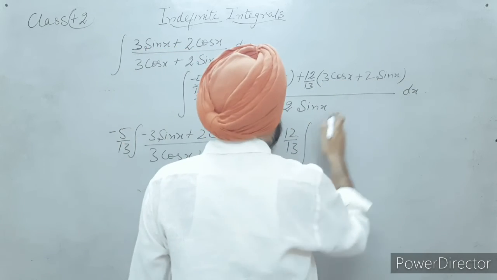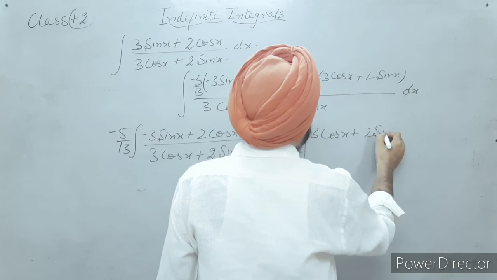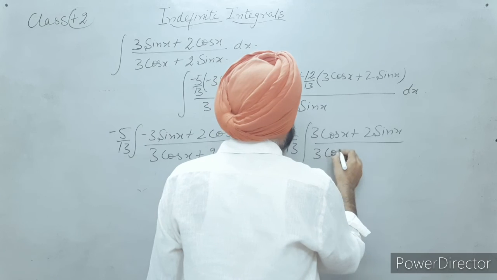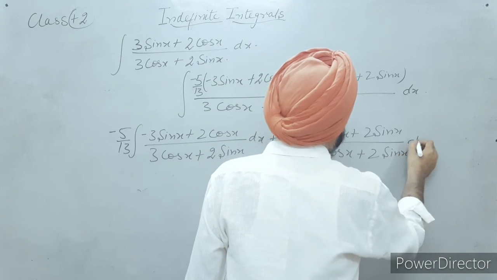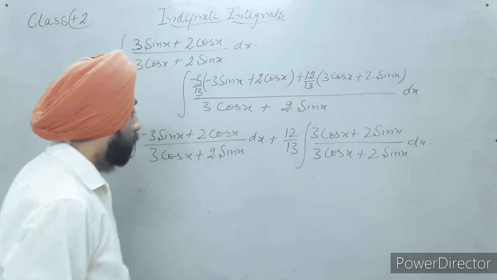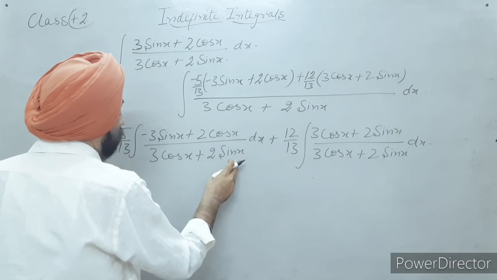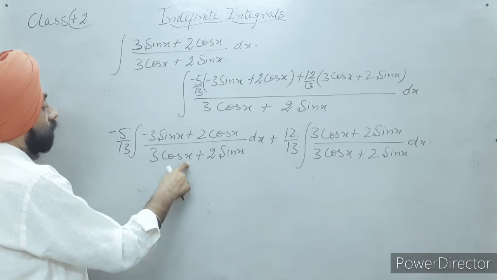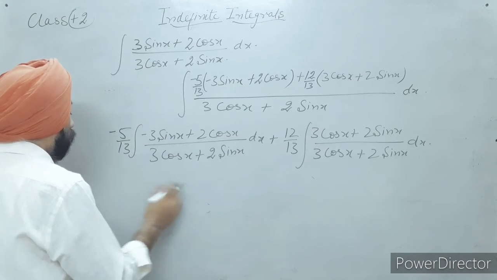I am left with 3 cos x plus 2 sin x upon 3 cos x plus 2 sin x dx. In the first one, the numerator is the derivative of the denominator, so it is now very easy.